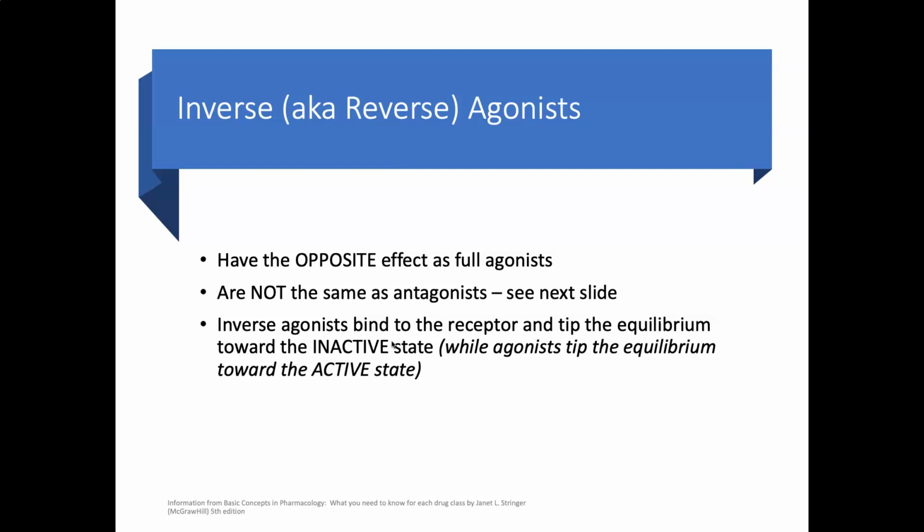An antagonist blocks the receptor and either ends a response or prevents a response. An inverse agonist will bind to the receptor, but instead of turning the doorknob and opening the door, it just kind of sits there. It may turn the knob, but it probably won't open the door, or at least it won't open the door very far.